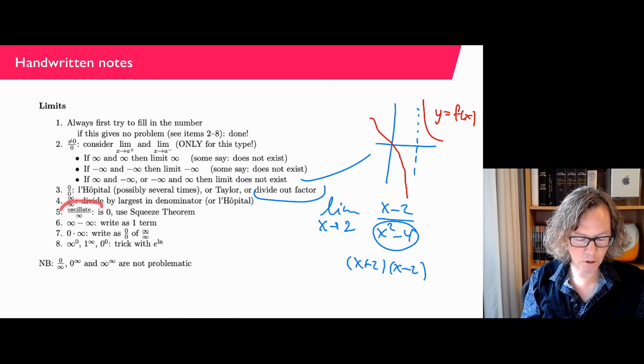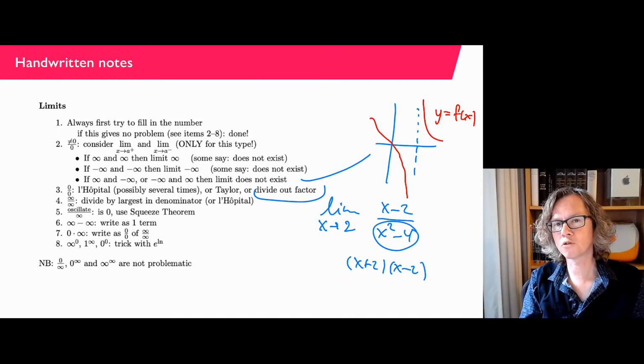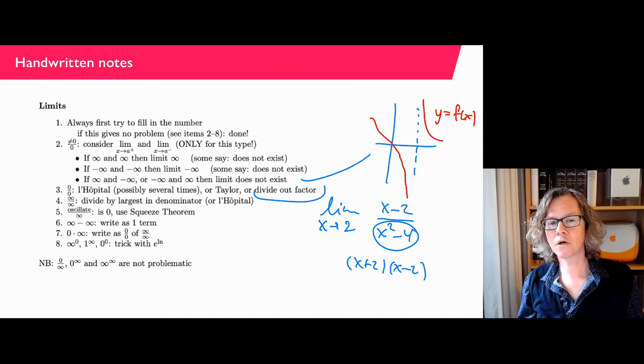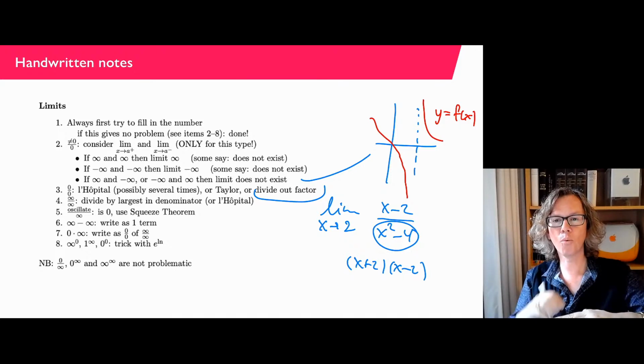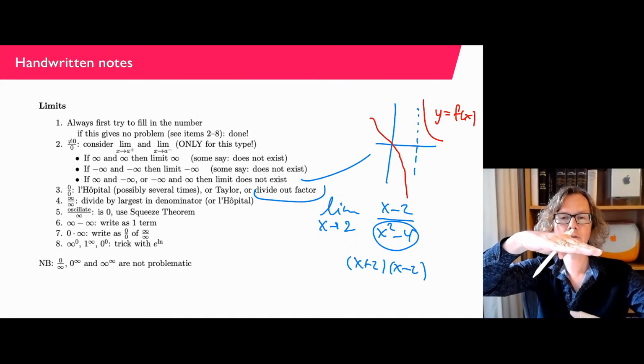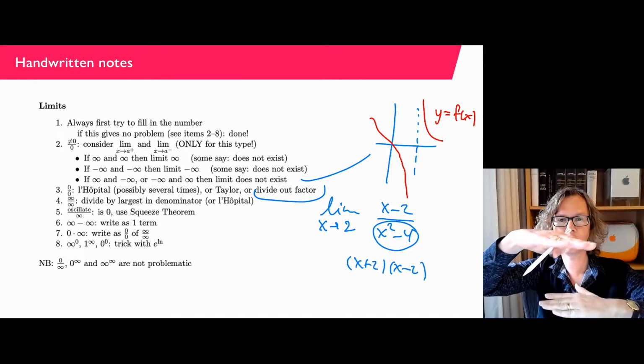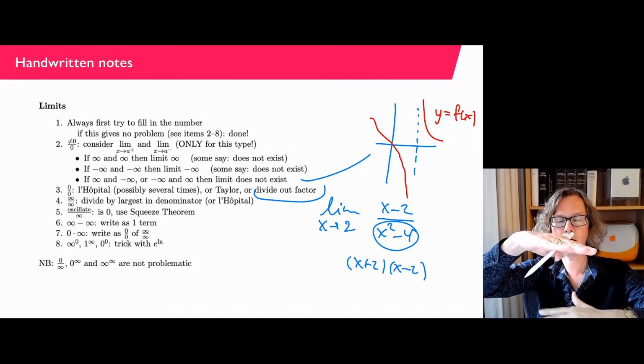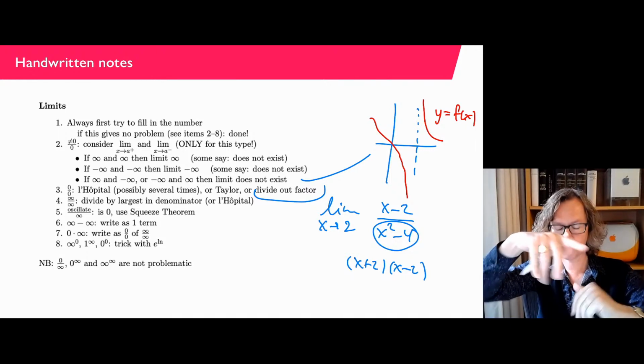So if you have something that is oscillating over something that is infinite, you will find 0 and you should use the squeeze theorem. So if it oscillates, it goes between a lower and an upper value, and then you can have a squeeze theorem, which are the lower and the upper boundary, and then you can compute the limit.